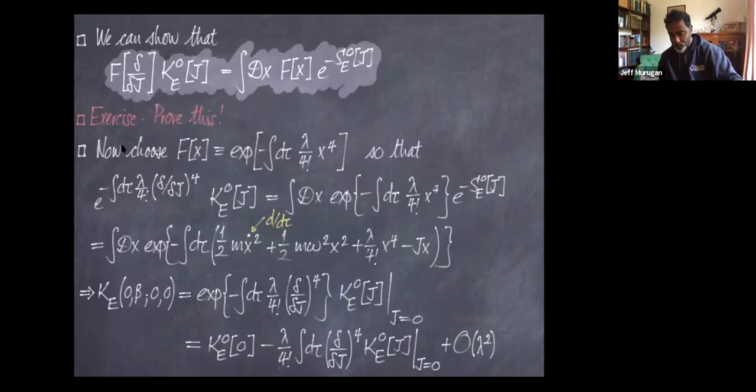So now I want to evaluate this quantity, K_E^0 of J, which, as we said, was this path integral here. No, sorry, I don't want to evaluate that. I want to evaluate this guy here. All right, let's do that.